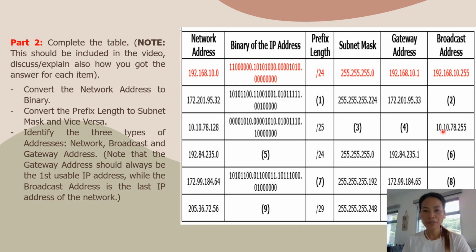So we'll get the subnet mask first, and then we have to convert it to binary.